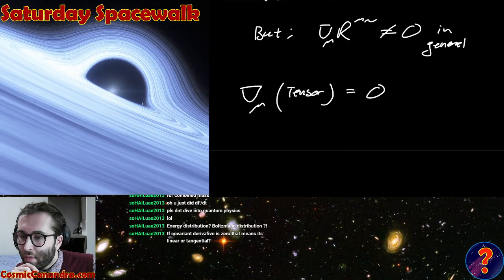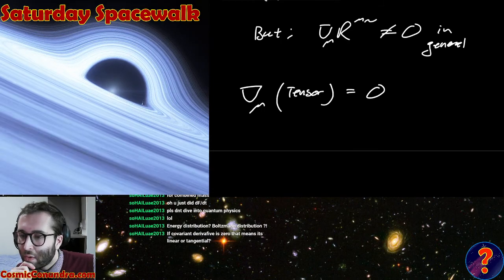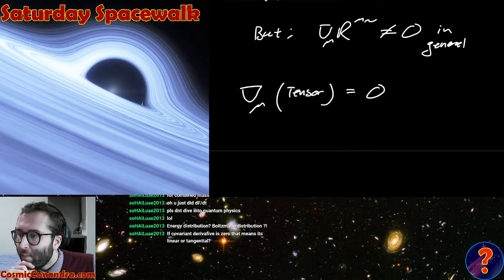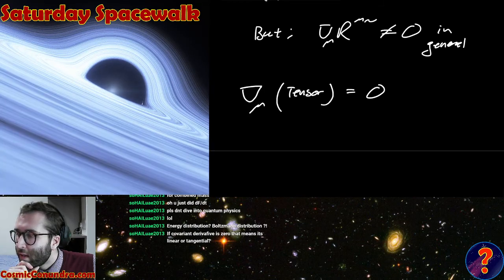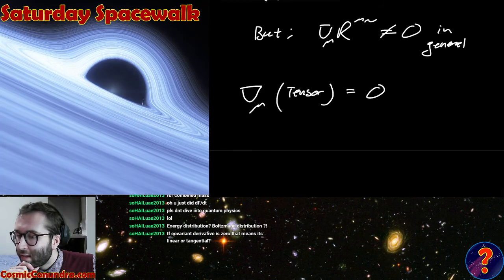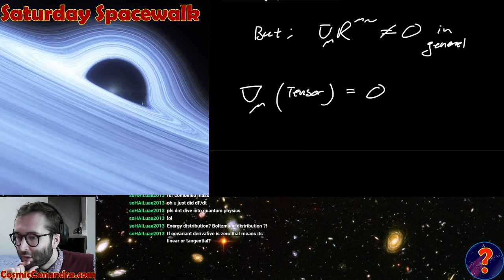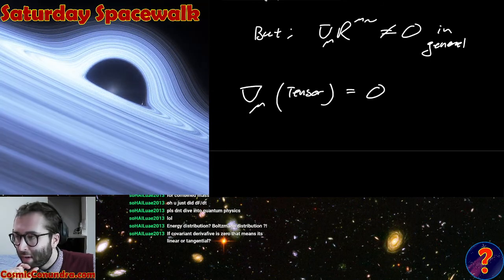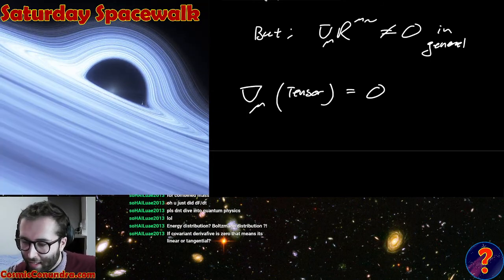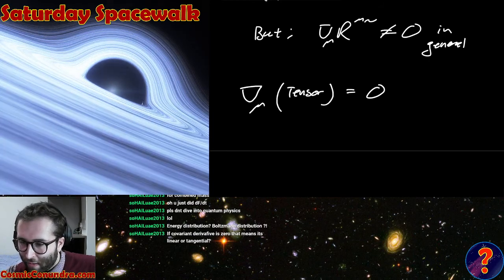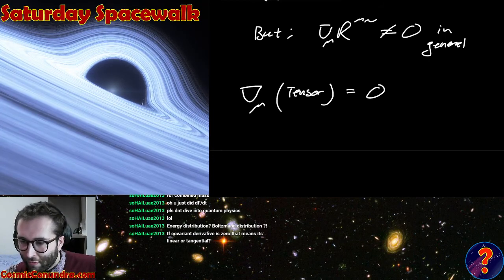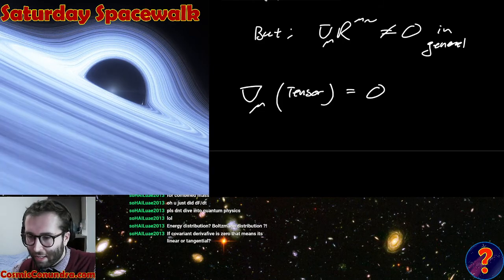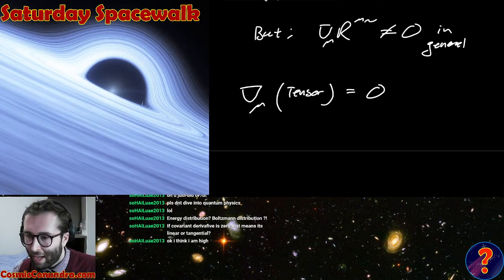So if covariant derivative is 0, that means it's linear or tangential? Well, it depends what you mean by tangential. It means if you parallel transport, so the idea of these covariant derivatives is a little difficult. It sort of means you have to drag one of these vectors along through the curved space to compare with them.